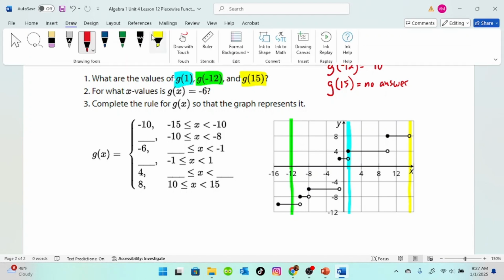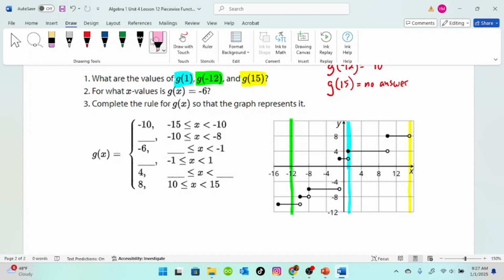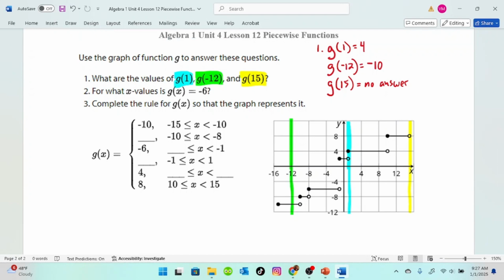So what we are looking for is where we have a y value of negative 6. I'm going to go down halfway between negative 4 and negative 8 to find negative 6.